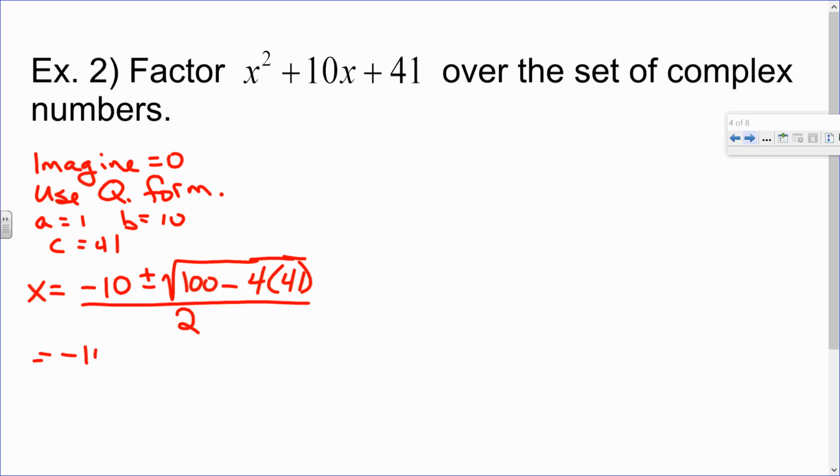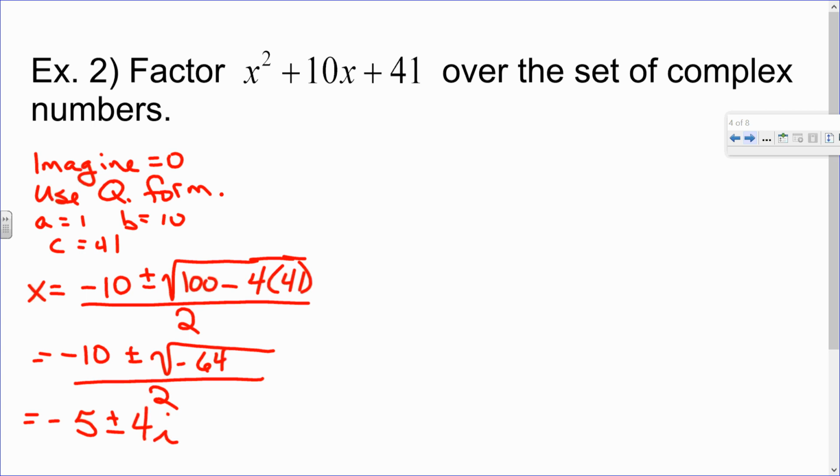So I have negative 10 plus or minus the square root of, say, 4 times 41, 164. So 100 minus 164, we have negative 64, and that's all over 2. So negative 5 plus or minus 8i over 2. So plus or minus 4i. So if this had roots, that's what they'd be.